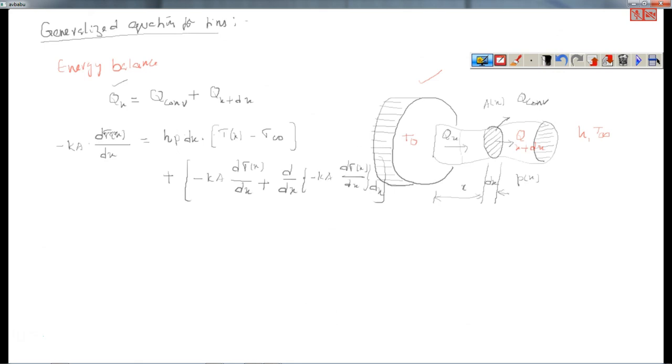Now this minus Ka dT by dx, when it goes, this will get cancelled, right? Now the remaining will be, and this dx and this dx also get cancelled.